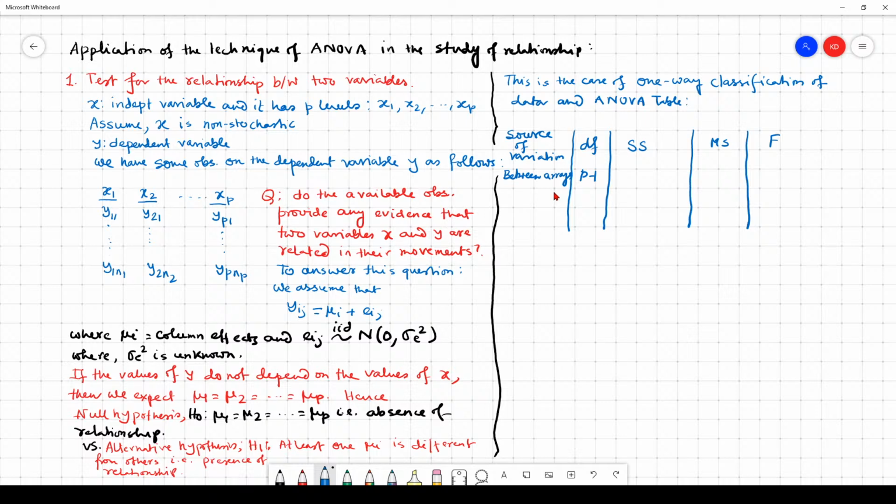You knew all these things; this is the day 1 or day 2 class, just one-way ANOVA. Within array, it is n minus p.